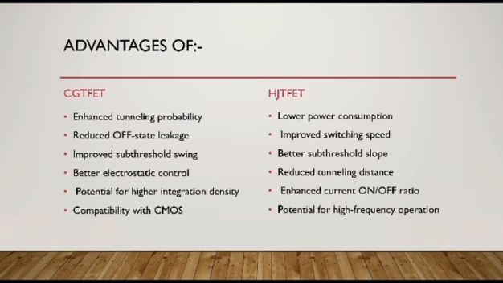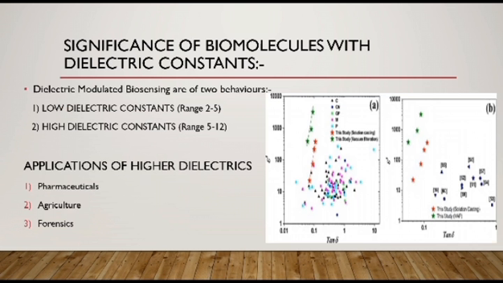The CG TFET and HJ TFET have various advantages. The main advantage of the CG TFET is enhanced tunneling probability and its compatibility with CMOS. The main advantage of the HJ TFET is low power consumption and better threshold slope.